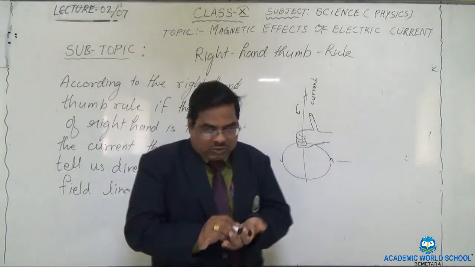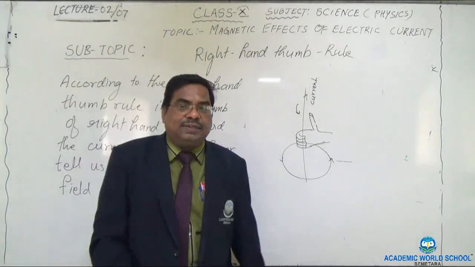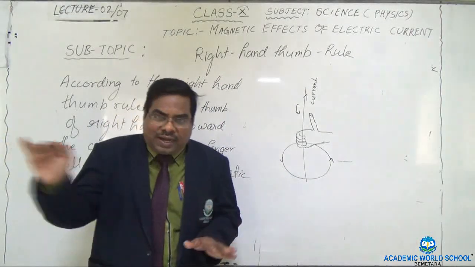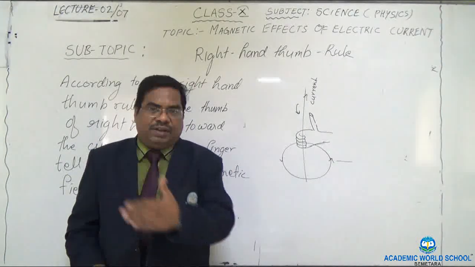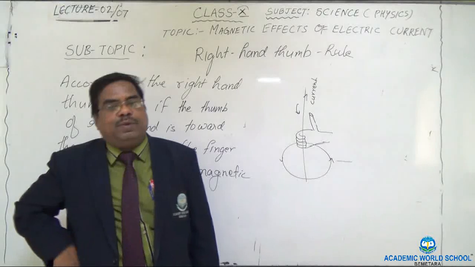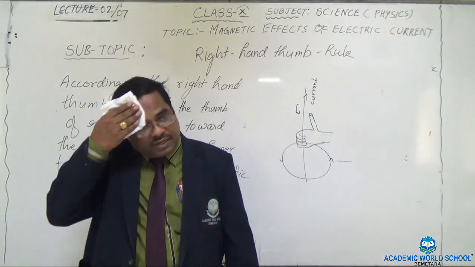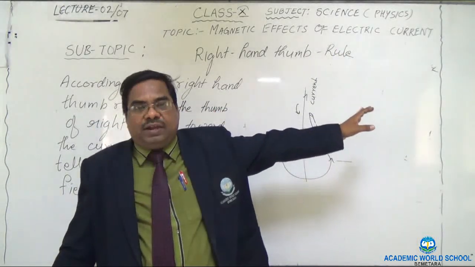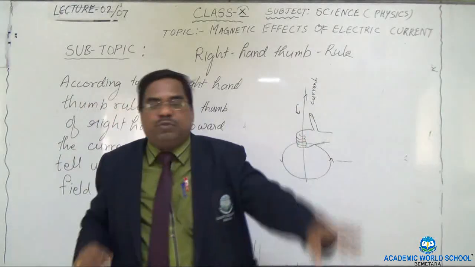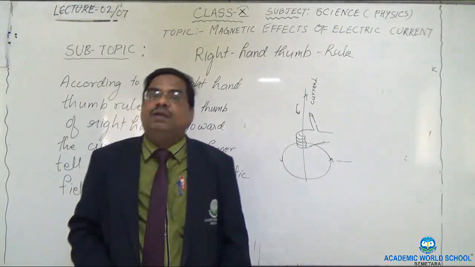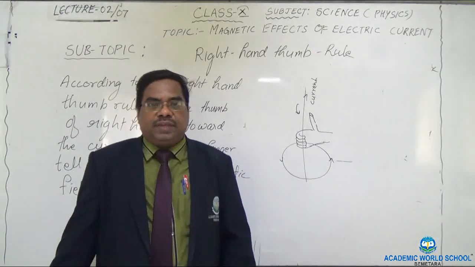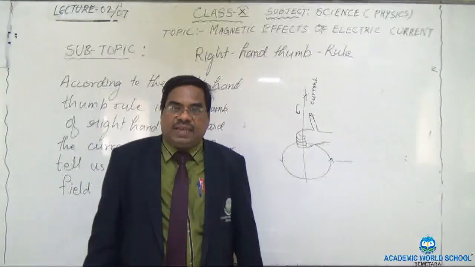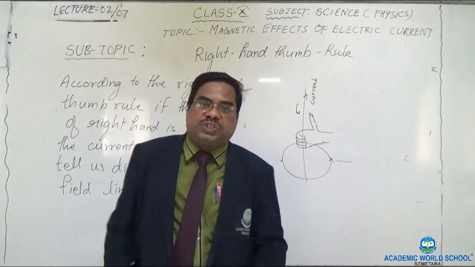So we have understood that in a straight conductor, whenever current flows, the compass needle will deflect. The deflection will always be in the direction of the west hand if you assume yourself to be swimming in the direction of the current. You have studied the swimming rule. Then I told you about the experiment by which you can get the shape.